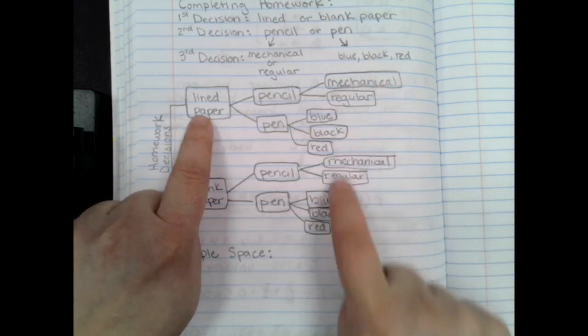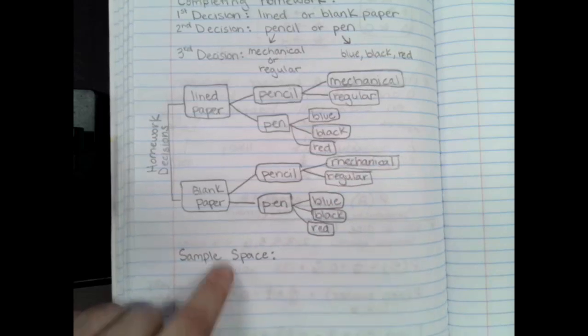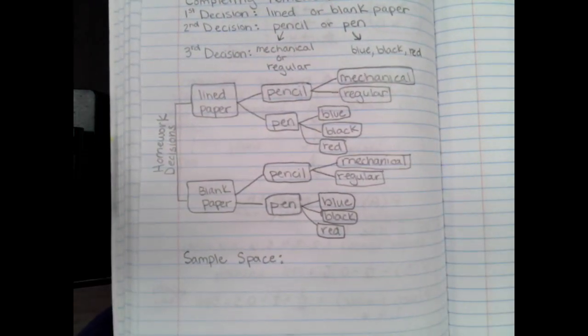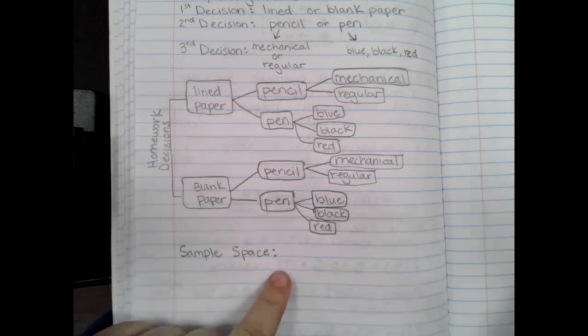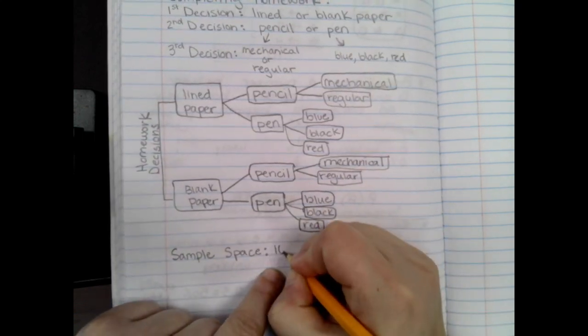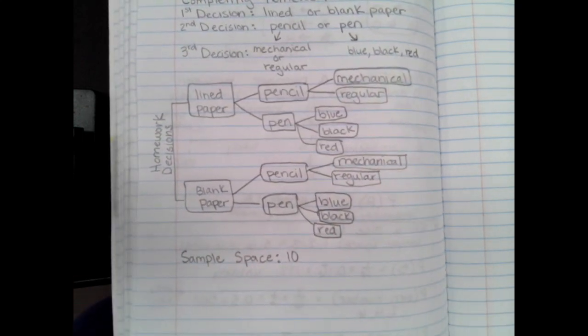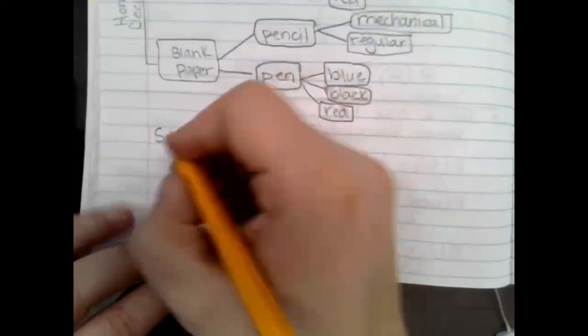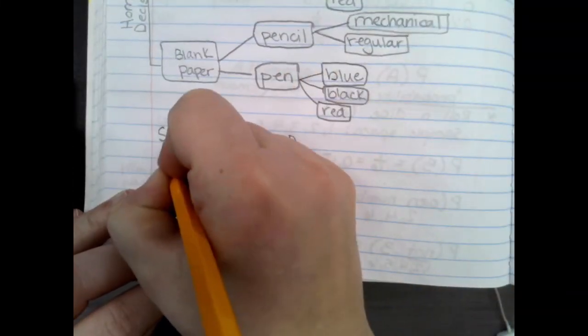So how many dead ends do we have, or how many leaves, if you want to think about it as leaves on a tree, do we have at the end of that row? 10. So there are 10 total options of ways we could choose to complete our homework if these were our choices. So we're going to do two probabilities based on that. All right, our first probability: we're going to figure out the probability.